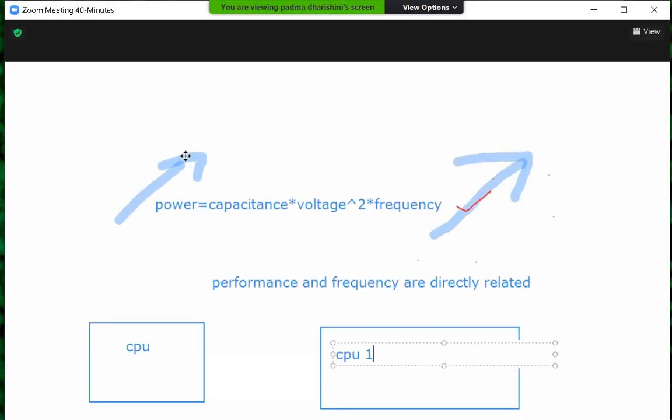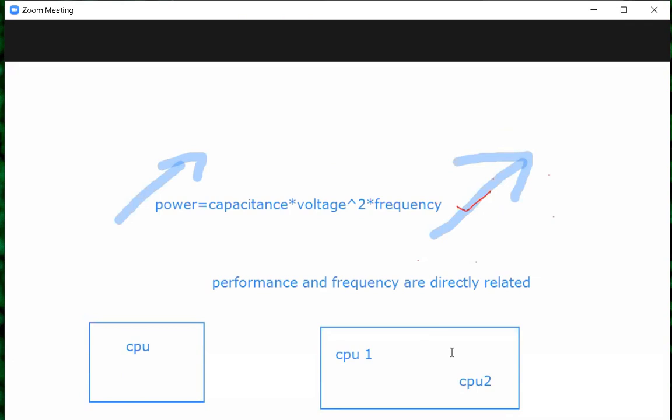So both the CPUs are residing inside the single chip. Okay, or instead of CPU, you can write it as core 1 and core 2. Both are residing inside the single chip and both are running at a low frequency. Okay, they are running at low frequency, but there are two CPUs to work on it.